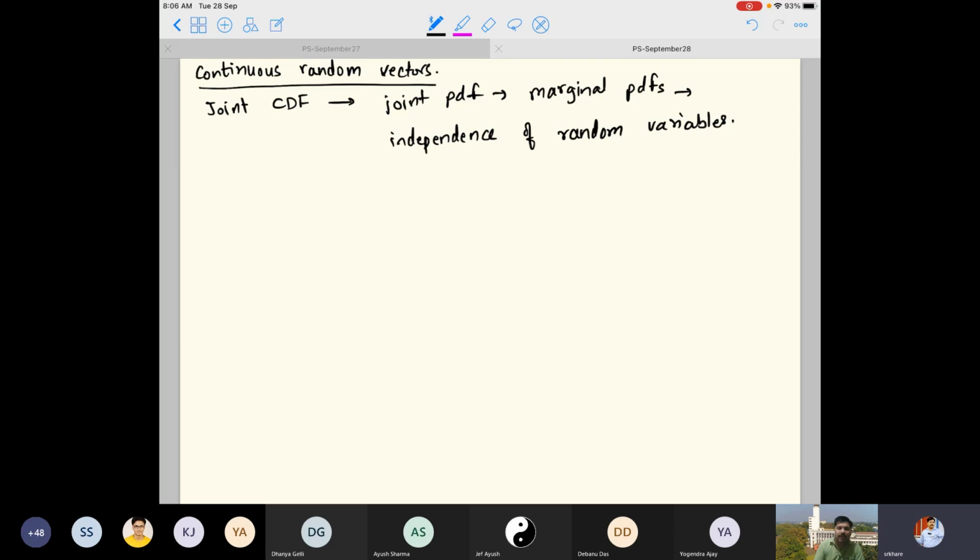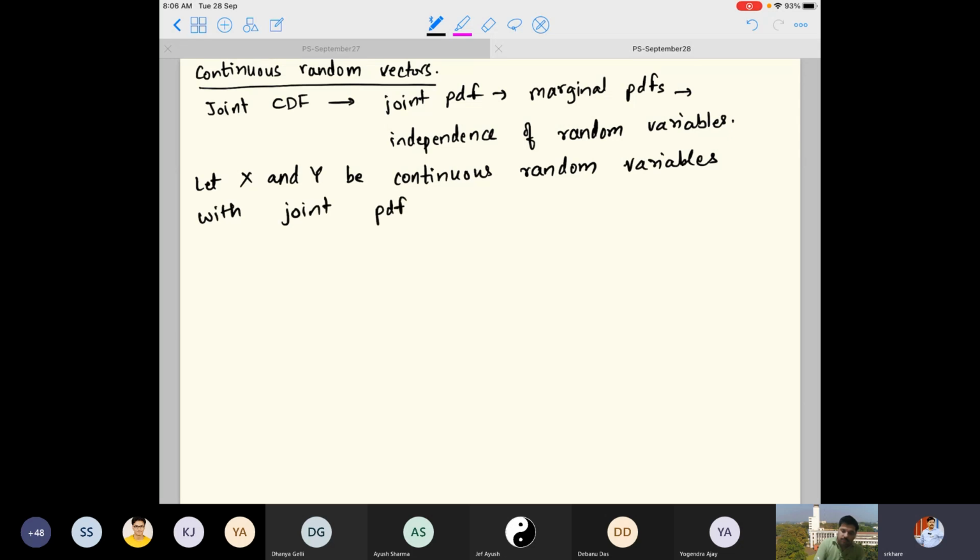Like the last slide in yesterday's class, let us repeat. Let X and Y be continuous random variables with joint PDF f of x, y, and we define a new random variable Z to be equal to phi of x, y.